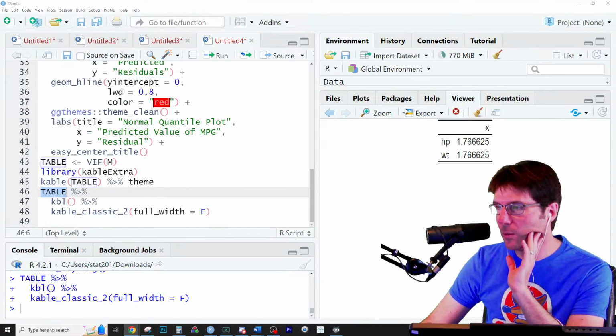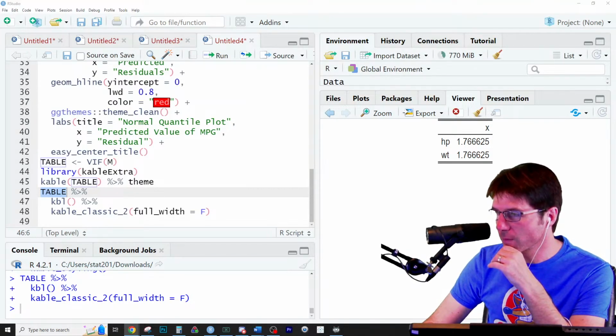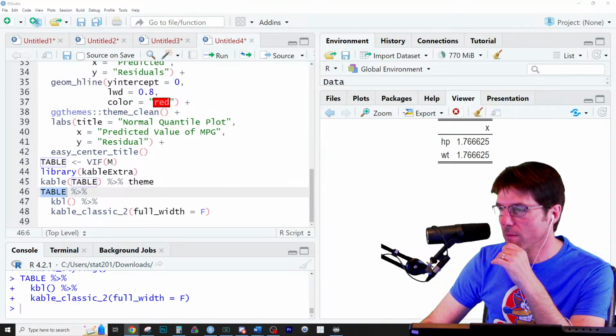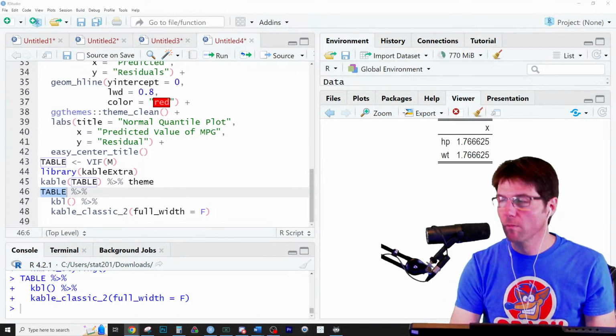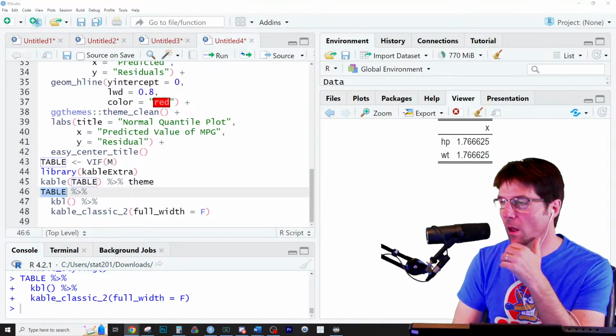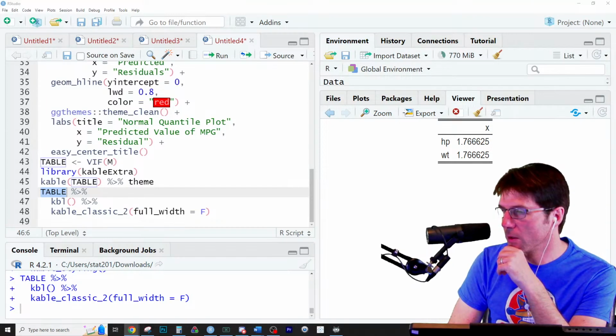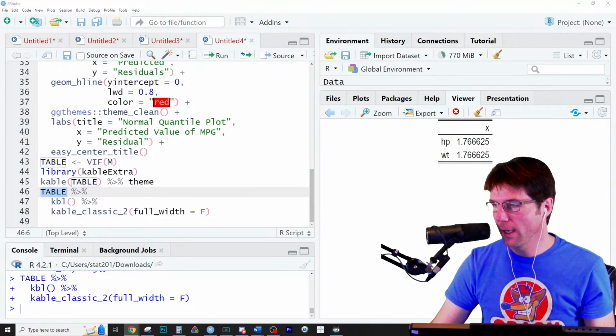Insert an image in the column? What? That's so interesting. Oh, here we go. Add header.